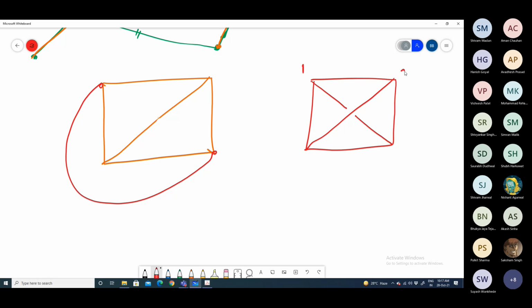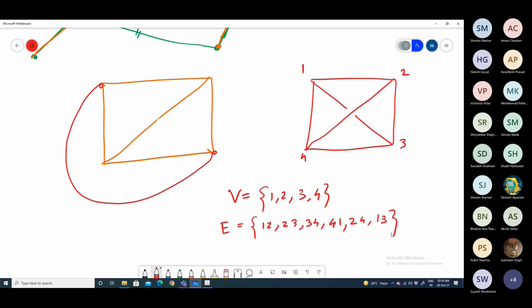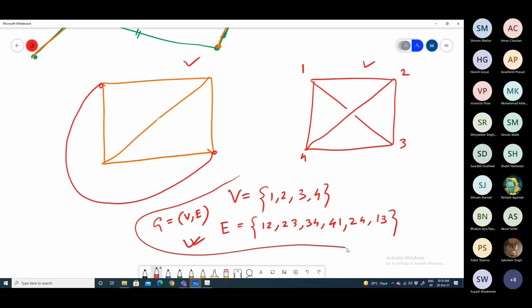Why are both the same? Here the vertex set is 1, 2, 3, 4, and the edge set is 1-2, 2-3, 3-4, 4-1, 2-4, 1-3. So that is the graph, G equal to (V, E). These two are just visualizations, and that is the main graph.